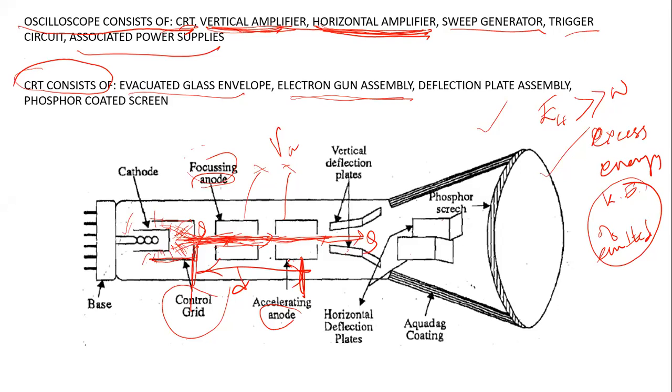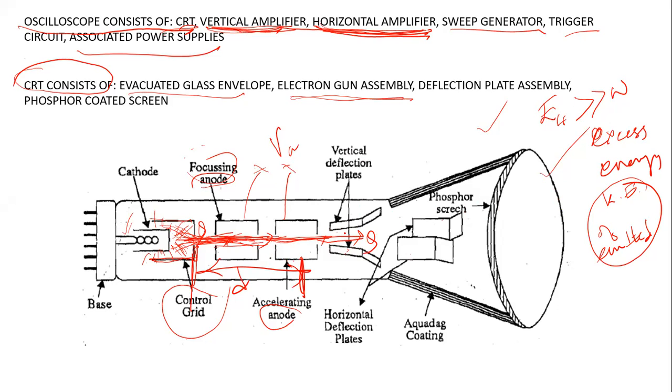And there is the accelerating anode, and that helps in accelerating the free electrons towards the display screen. And we have described how the vertical deflection plates function.